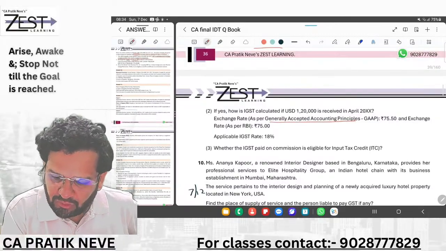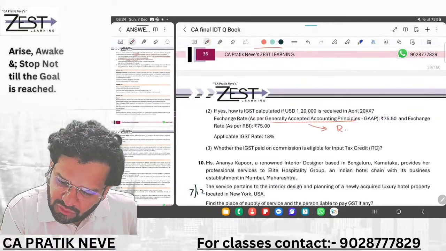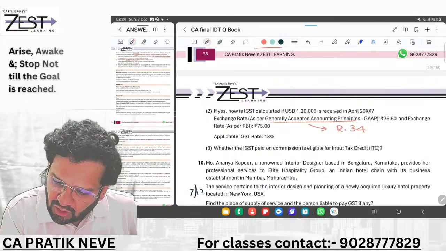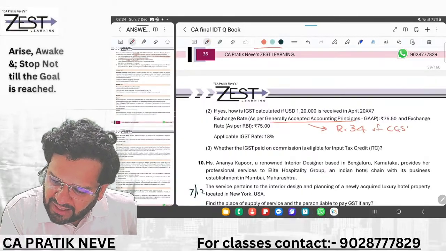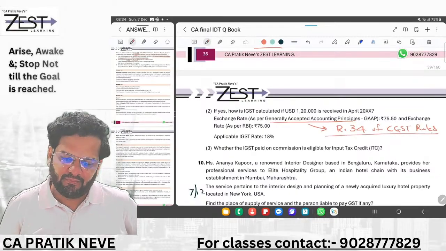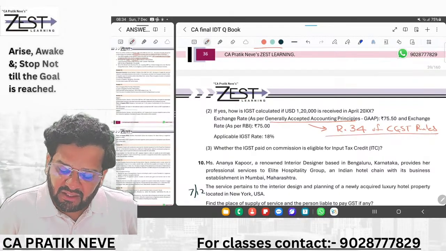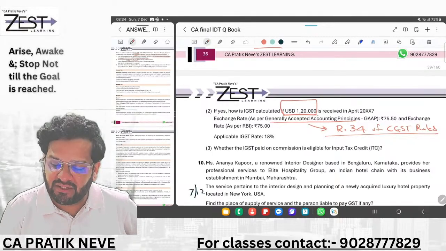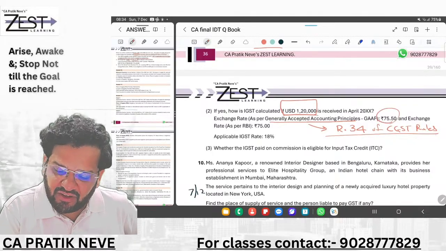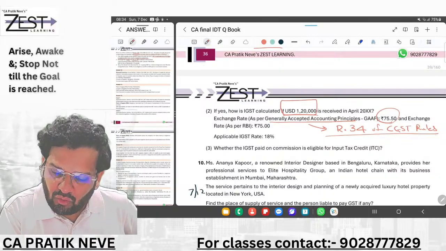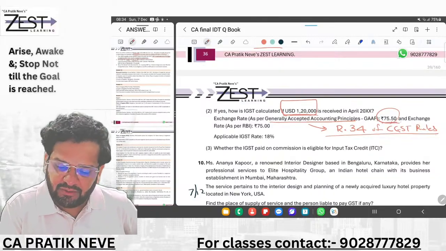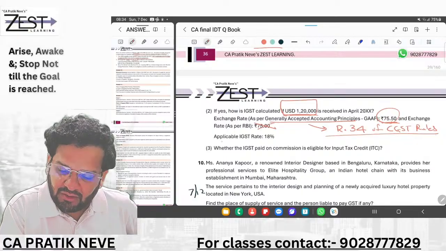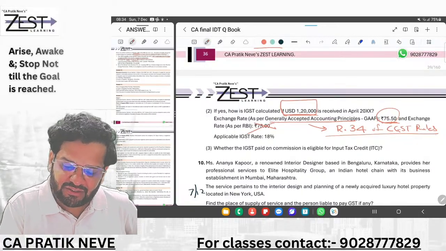It is given in Rule 34 of CGST Rules which rate you should take. Okay. If yes, how is IGST calculated if US dollars 1,20,000 is received in April? So take GAAP rate 75.5. So 1,20,000 US dollars into 75.5, neglect RBI exchange rate.